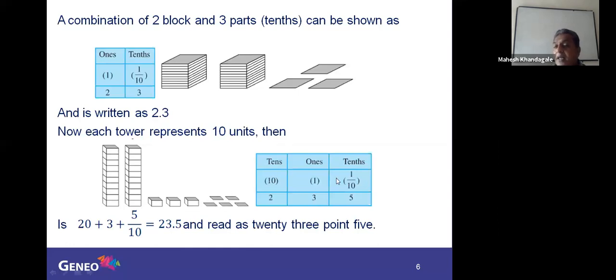So you will see in the table, in tens we have taken 2 tens, 3 ones and 5 tenths. So this can be written as a decimal in expanded form: 20 plus 3 plus 5 upon 10, that is 23.5. Got this?